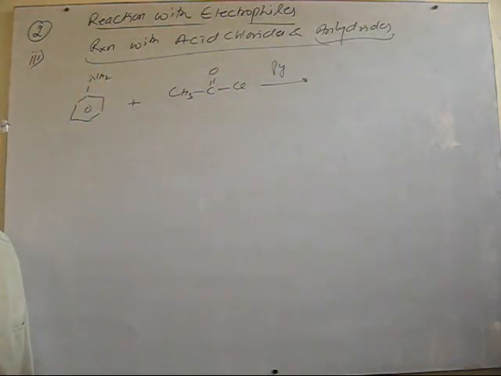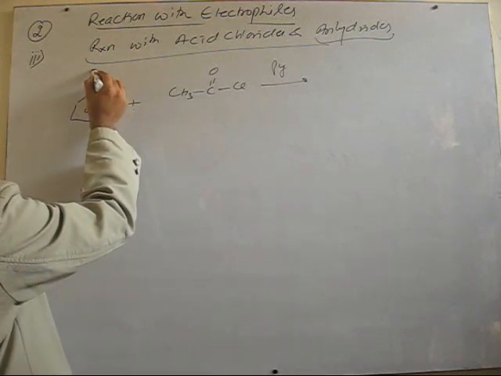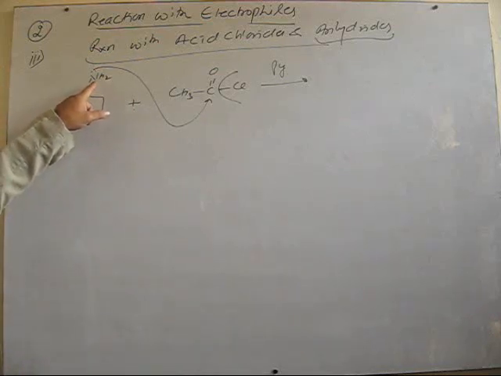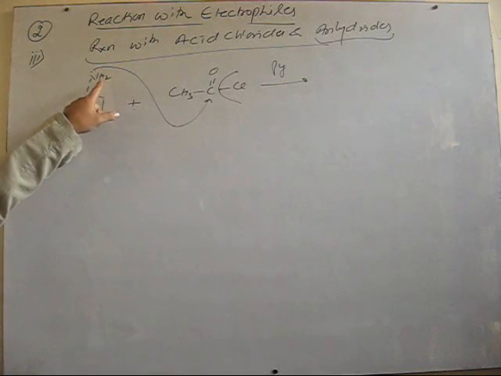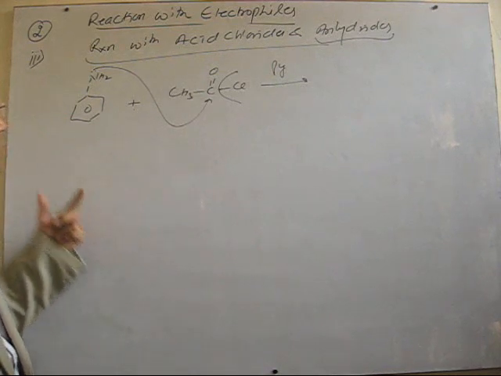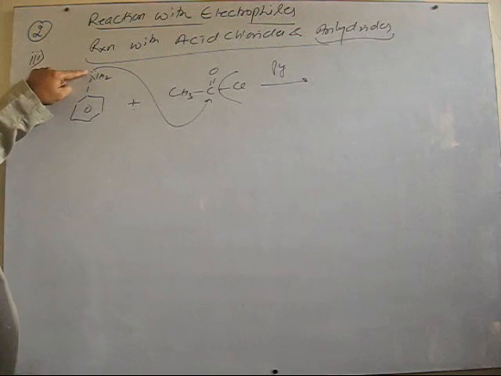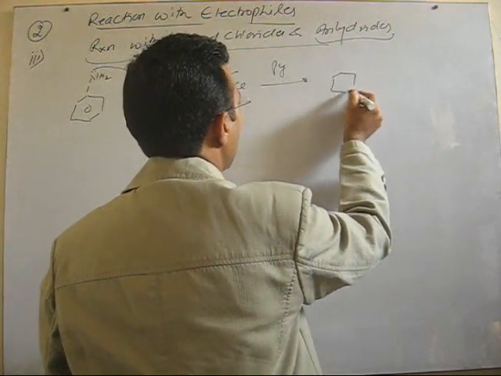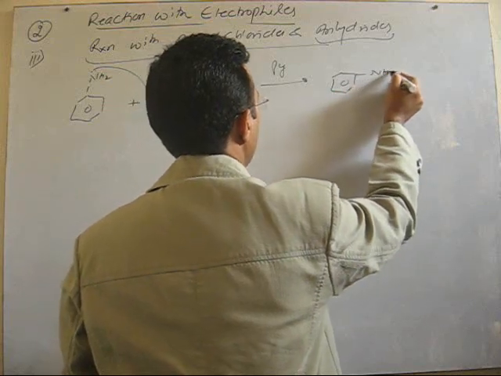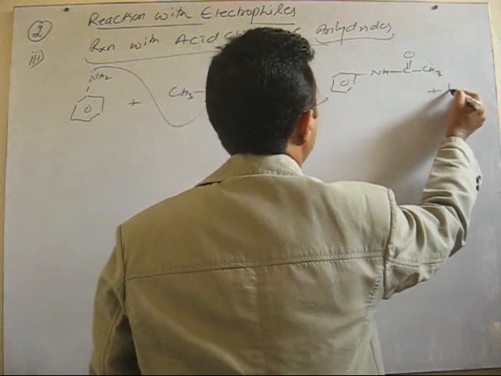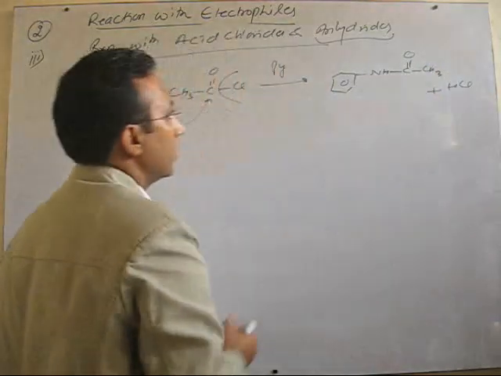Pyridine is an organic base, fine. So why pyridine is employed here, let's discuss. So here nitrogen again attacks this. Now aniline is a weaker base as compared to ethylamine, which we have already discussed, since the lone pair is less available on nitrogen. So this reaction is slow in fact. So the product formed in this case will be this plus HCl.